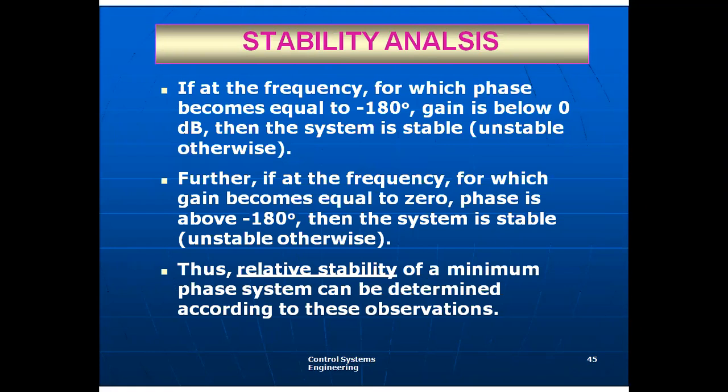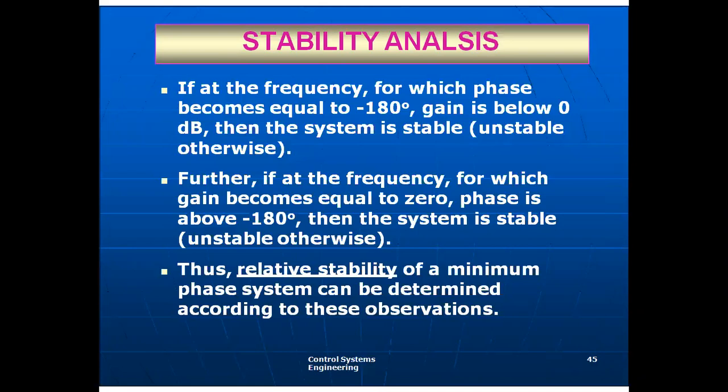Further, if at the frequency for which gain becomes equal to 0, the phase is above -180, then the system is stable, or otherwise unstable. So the relative stability of a minimum phase system can be determined according to this observation. After drawing the Bode plot with reference to -180, we can find out the gain margin and the phase margin also.